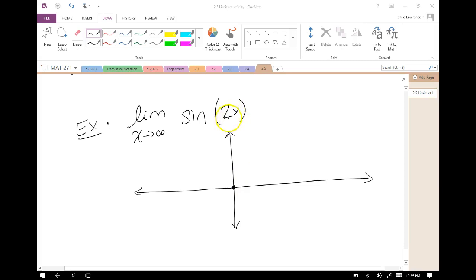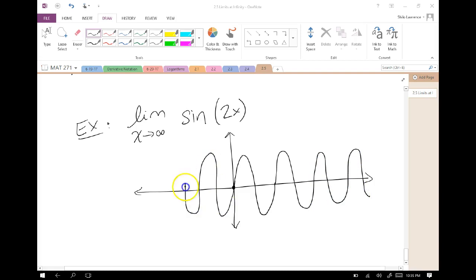The 2 inside of our angle is going to affect our period. The period is how long it takes to do one full wave of the graph. So the 2 in there is going to make it go quicker. It's going to do one full wave in a distance of pi, and then it just keeps doing that over and over again. And then it does the same thing this direction.